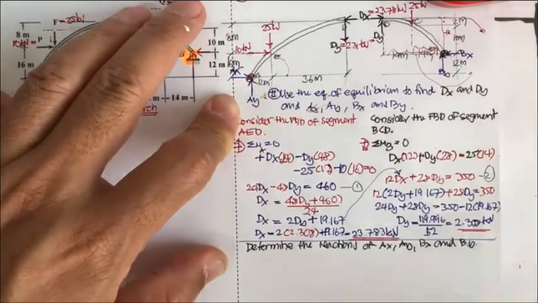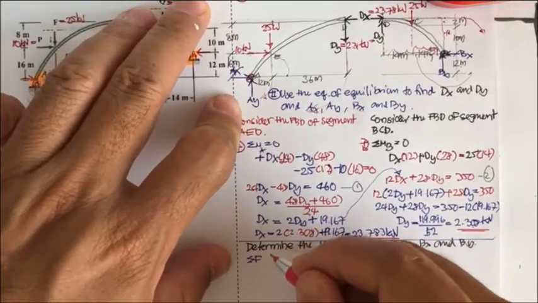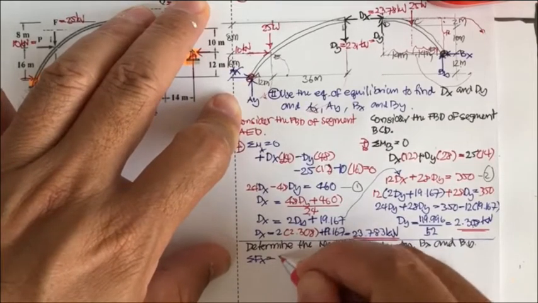You still use the equation of equilibrium, summation of F sub x equal to 0.